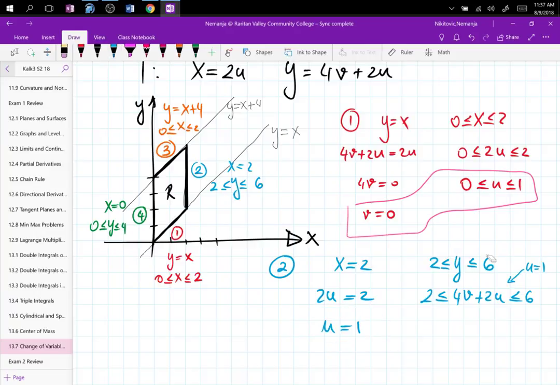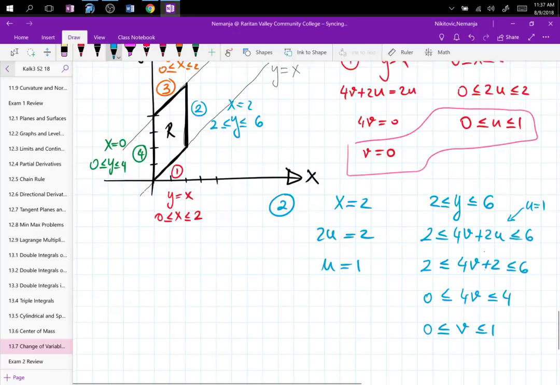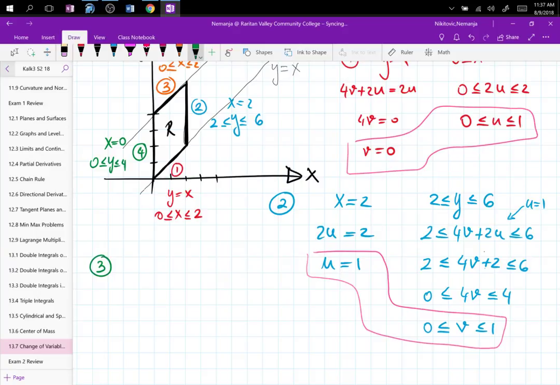If u is equal to 1, we have 2 less than or equal to 4v plus 2 less than or equal to 6. You subtract 2 everywhere. 0 less than 4v less than 4. Divide by 4 everywhere. 0 less than v less than 1. So there's another set of the equations. These Tetris pieces are hilarious. Number 3. No, 3 is orange.